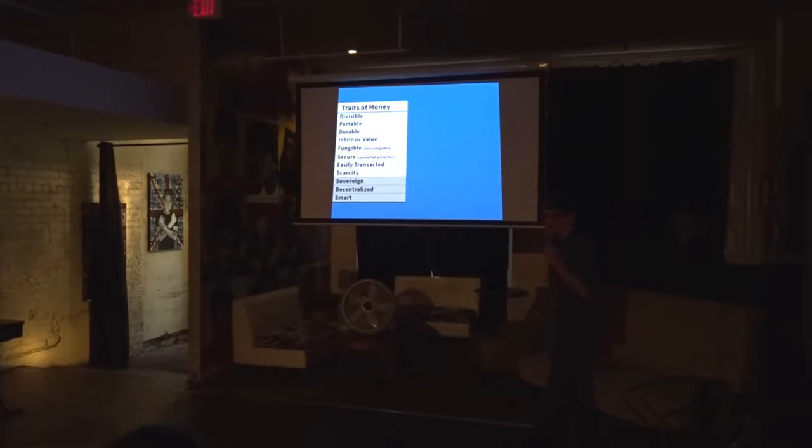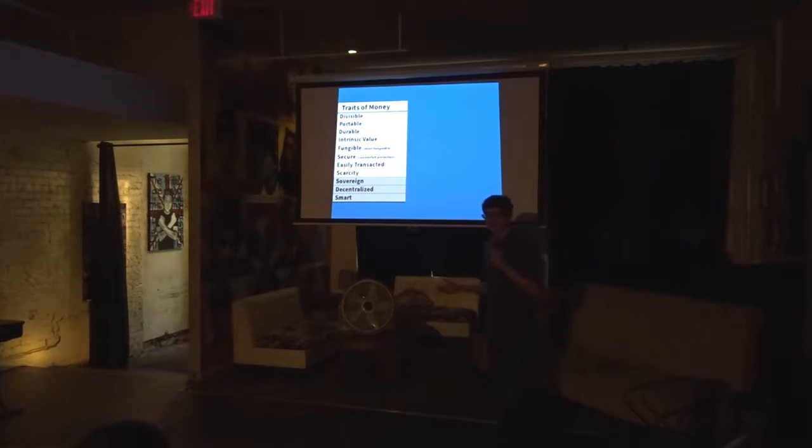These are the traits of money. Some of you may be familiar with them. I'm sure some of you have never even heard of them. The first 4 traits of money were created by Aristotle, and they were what Aristotle considered to be sound money. Your money must be divisible. You have to be able to divide it into parts easily. Your money must be portable. You have to be able to transport it easily.